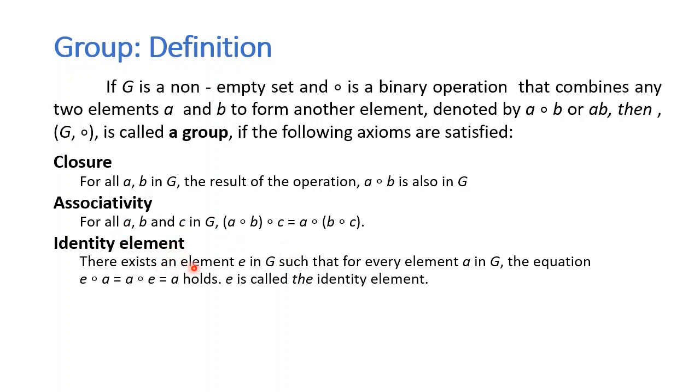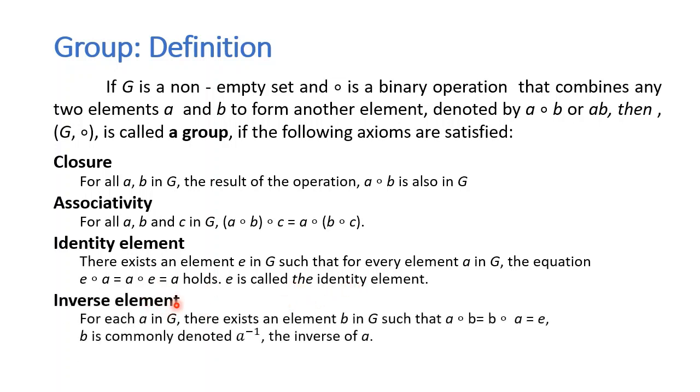So there must exist an element E in G such that for every element A in G, the equation E dot A is equal to A dot E is equal to A holds. That is, when E is operated on any element of the set, the value should not change. This E is called the identity element.